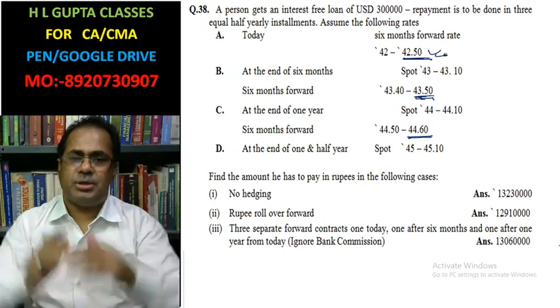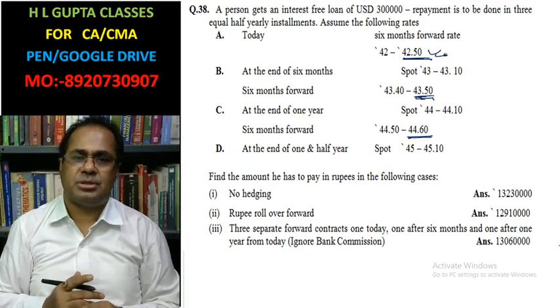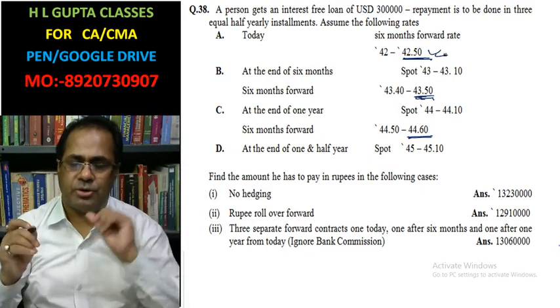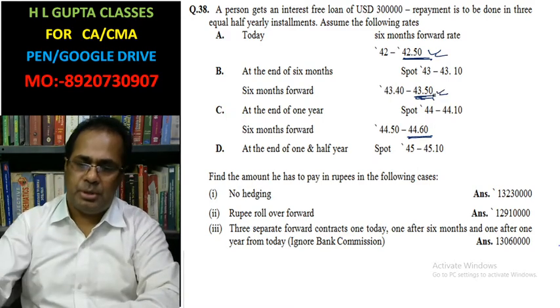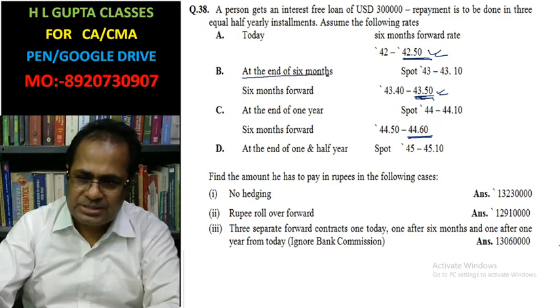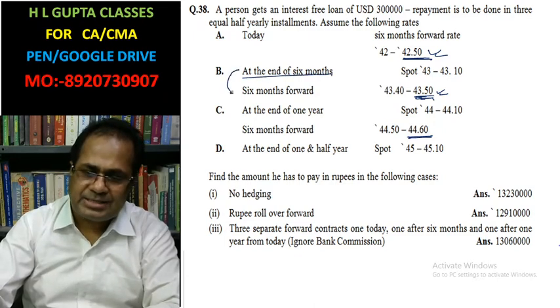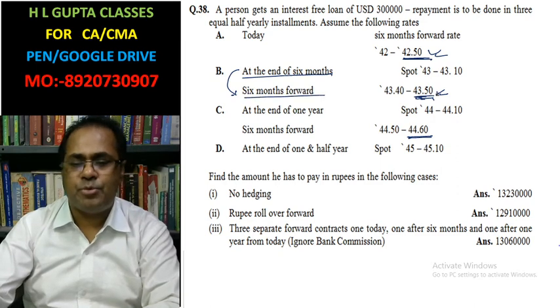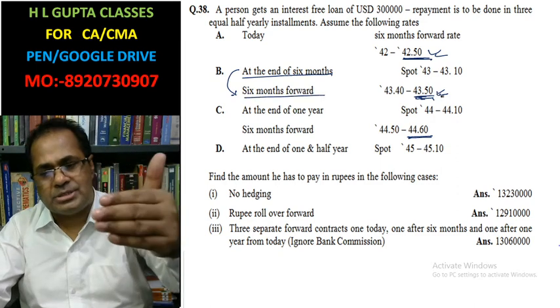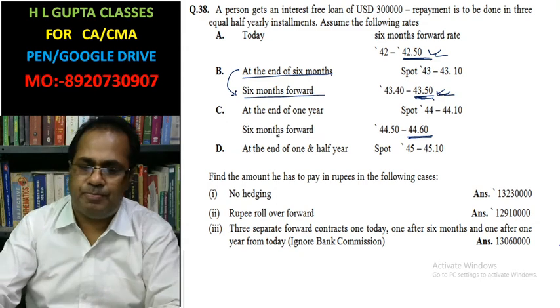After 6 months, again you enter for the next 6 month, purchase $1 lakh at 43.50, because at the end of the 6 month, the next 6 month is 1 year, this is a forward rate, and you have to purchase dollar, then the bank will sell at a higher rate. That's why this.